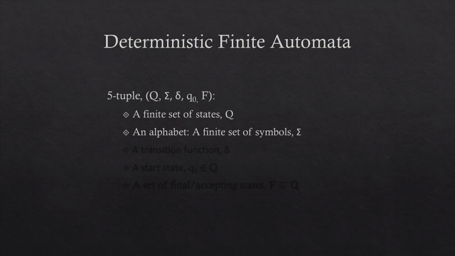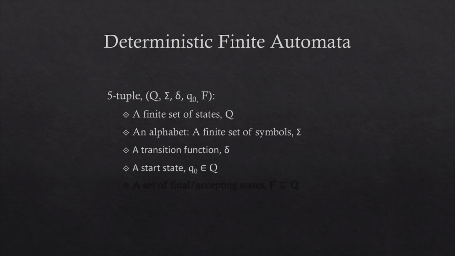The inputs will consist of symbols from the alphabet the automaton is defined for. It has a transition function that dictates how the automaton moves from one state to another in response to an input. The symbol we represent it with is delta. We're going to discuss a lot about this transition function soon.